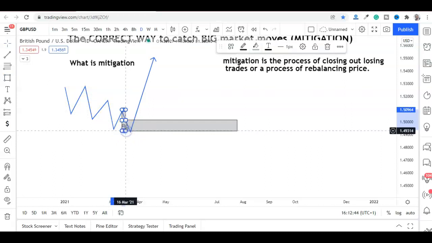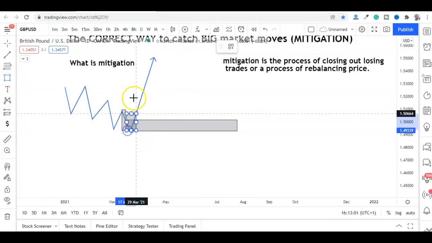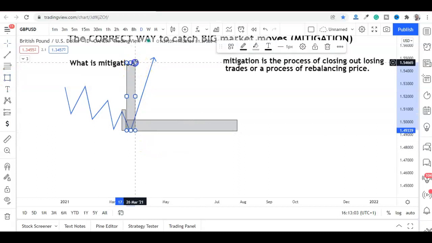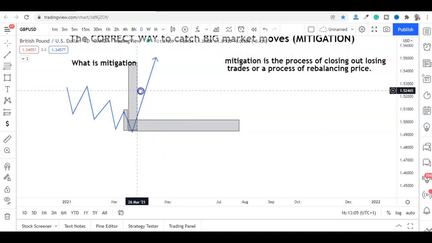They will sell the price from here. They're going to sell to take out or to get liquidity. Remember, liquidity is the game. To get enough liquidity to fill up their buy position, which they will now enter from here. Now the buy position will come in from here. Okay, upward. They're going to buy.